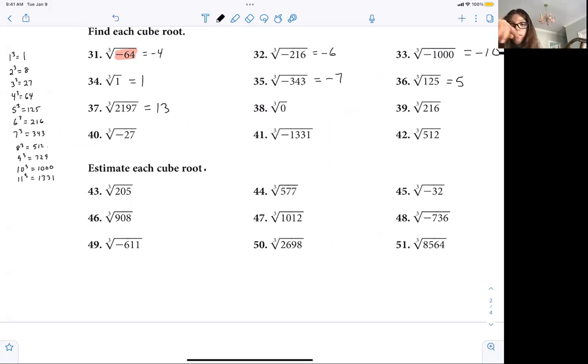Cube root of 0. Cube root of 216. Cube root of -27. -3. Cube root of 1331. All right, you get the point. And the cube root of 512. 8.